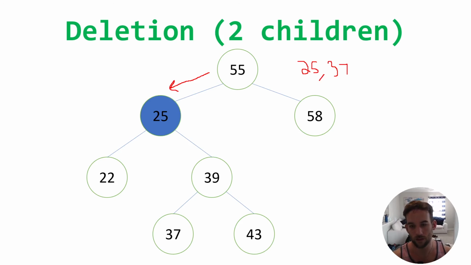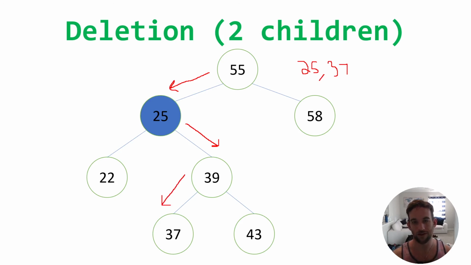Well, what you need to do is go to the right subtree, because all the values to the right of 25 are going to be greater than it, and all the ones to the left are going to be smaller. So you go to the right and then you go as left as you can.